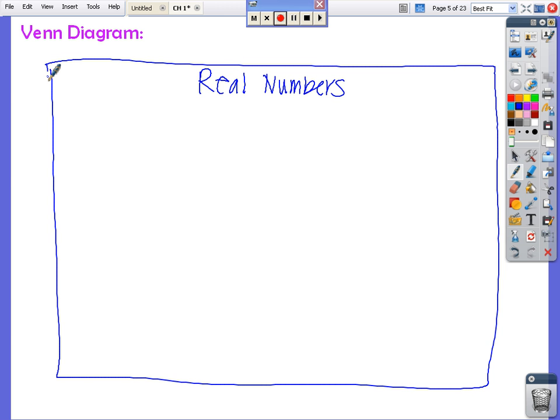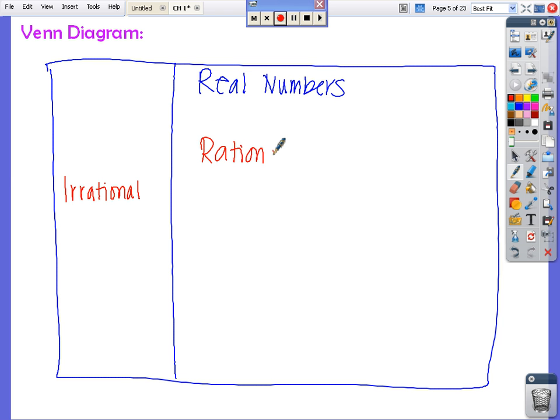All right. So then we can split up and say that this portion here would be considered our irrational numbers. This side here would be considered our rational numbers. Okay? And both together would make our real numbers.